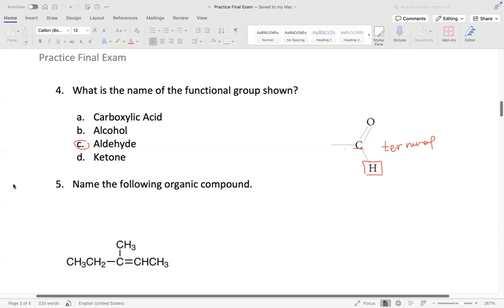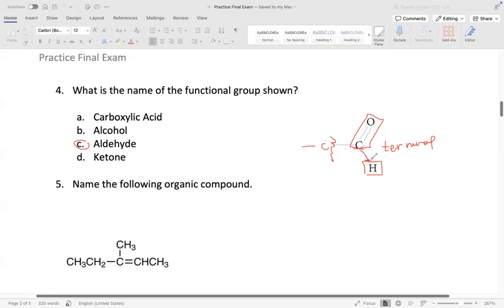I'm sorry, can you explain that again? So we have a carbon. Here, this line that's continuous just means it's connected to another carbon, and that carbon chain can be X amount of carbons long. But the functional group itself is here, where we have a C double bonded to an O. So that brings us down to a couple options. It could be a ketone, aldehyde, or carboxylic acid. So we have to figure out what's also connected to it.